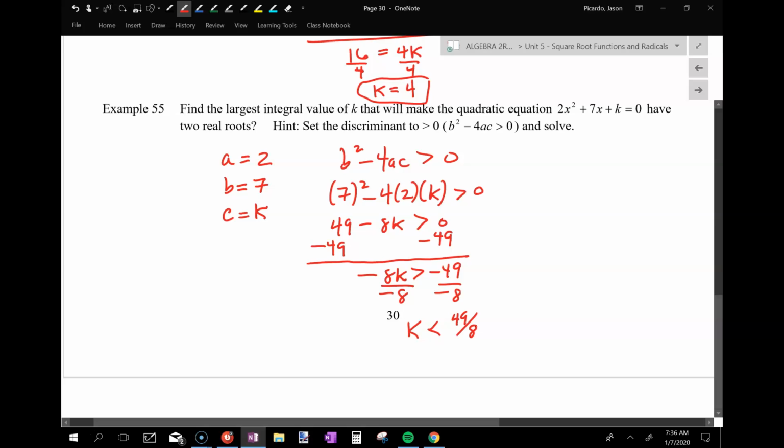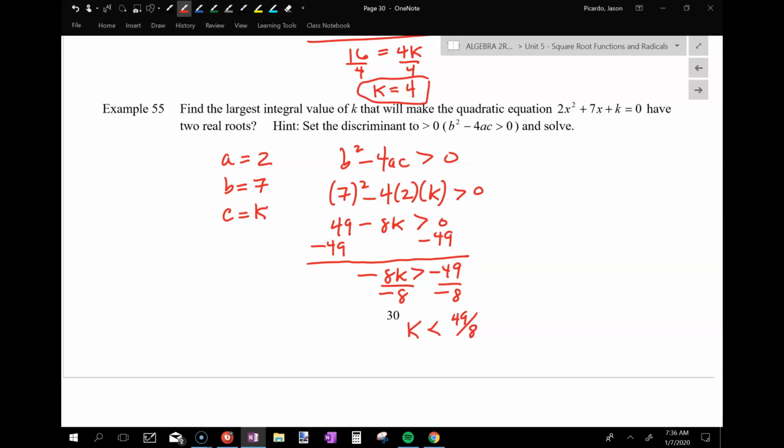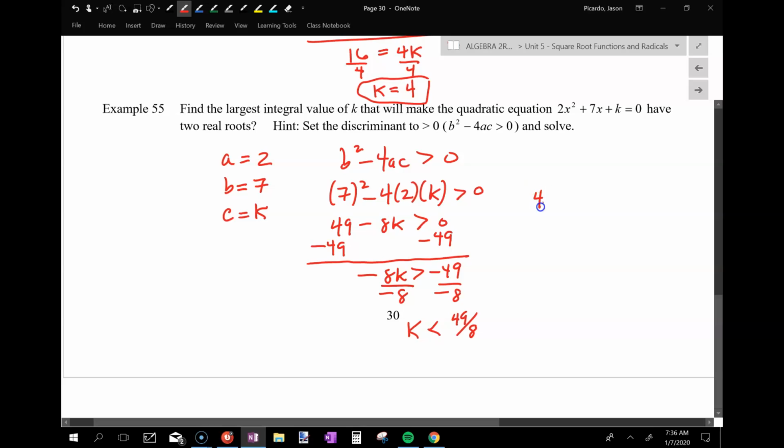Okay. Has to be a number that is less than 49/8. What's 49 over 8 as a decimal?